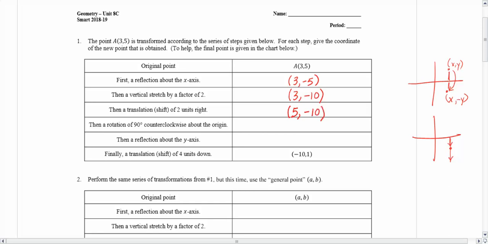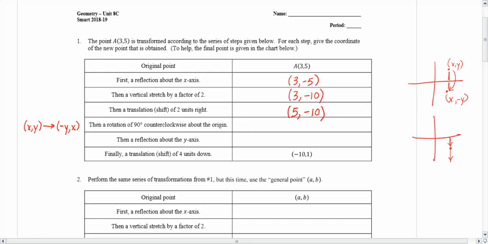And we're going to rotate 90 degrees counterclockwise. If you remember, the 90 degrees counterclockwise rotation rule looks like this. You start with x,y, and when you rotate 90 degrees, it turns into negative y, x.